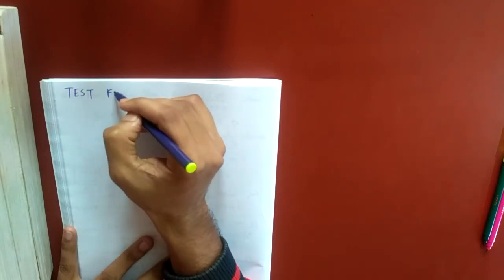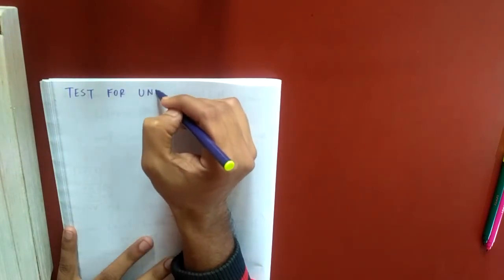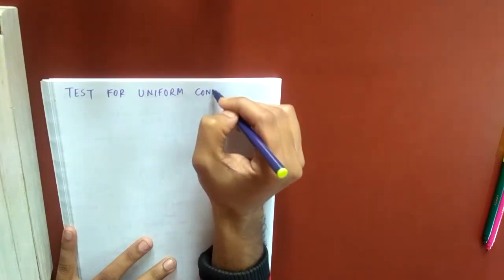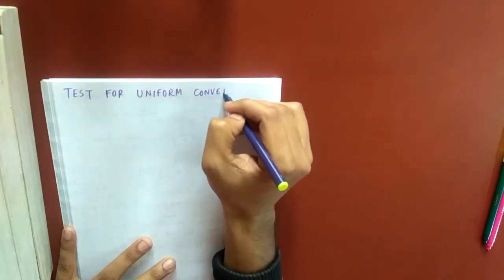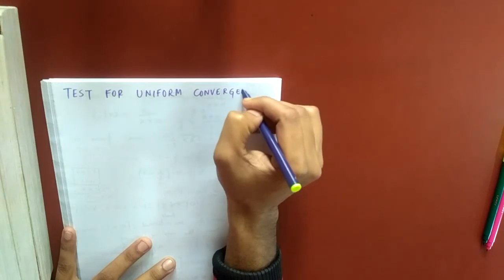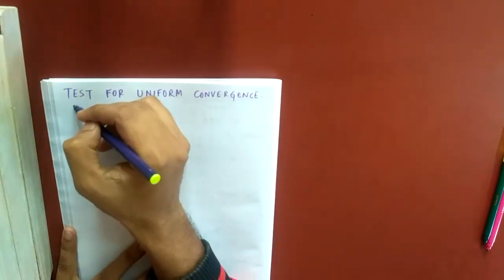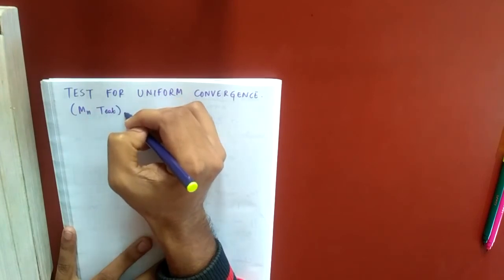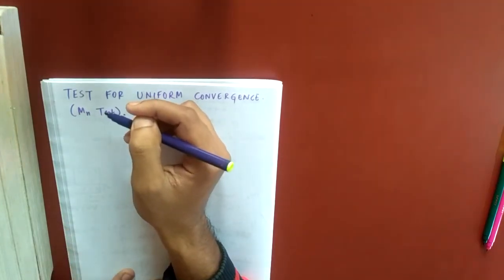Test for uniform convergence. This test is called the Mn test. Mn test. So what is the test?